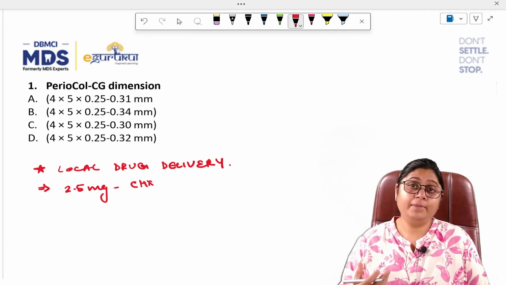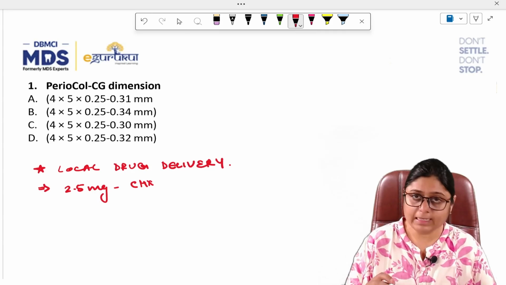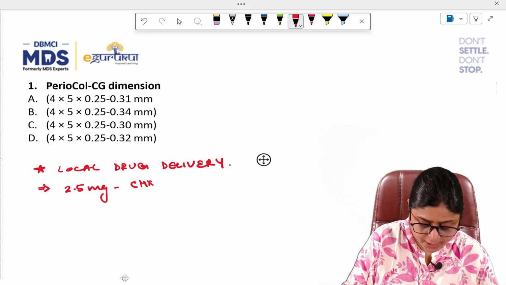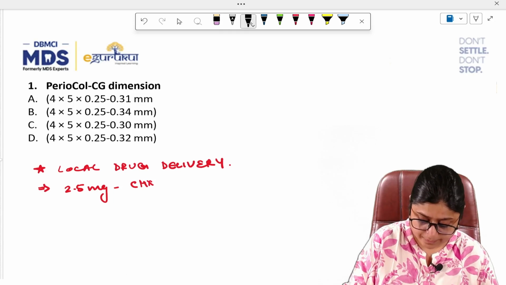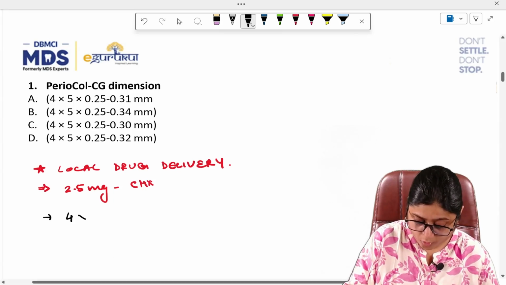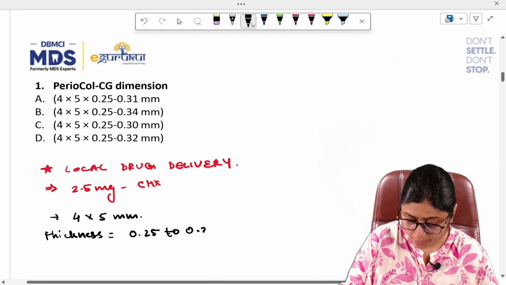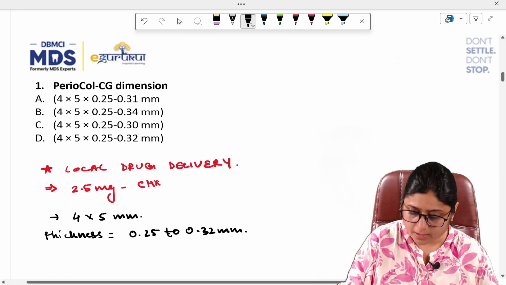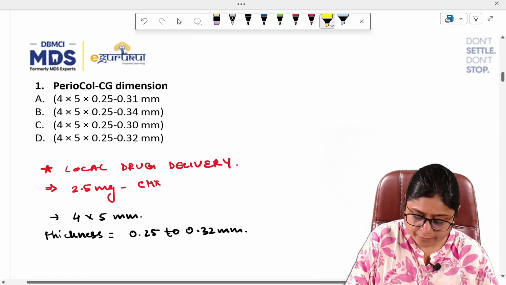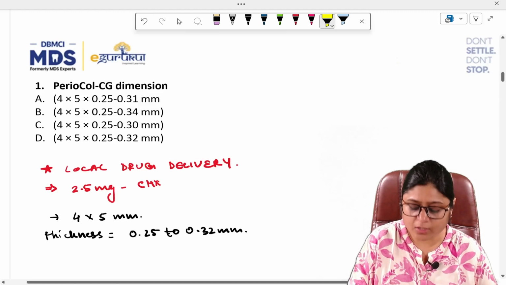Now, the dimensions of this membrane. So, basically, the dimensions of this membrane are 4 into 5 millimeters and the thickness of this membrane is 0.25 to 0.32 mm. So, here you can see that 4 into 5 is common in all the 4 options.